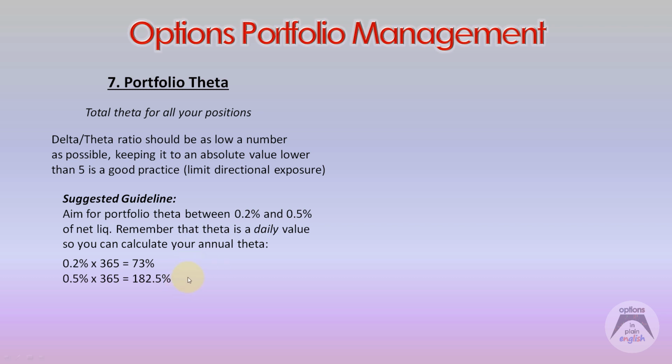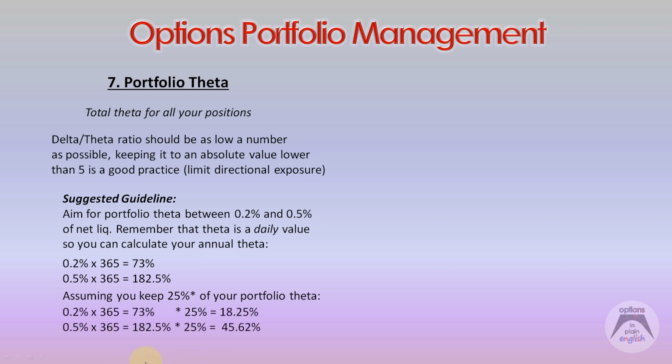But if you're a good options trader, you should be able to keep between 20 and 25% of your total theta as profit. So assuming you keep 25% of your portfolio theta, that 73% converted to real numbers would be a return of around 18%.